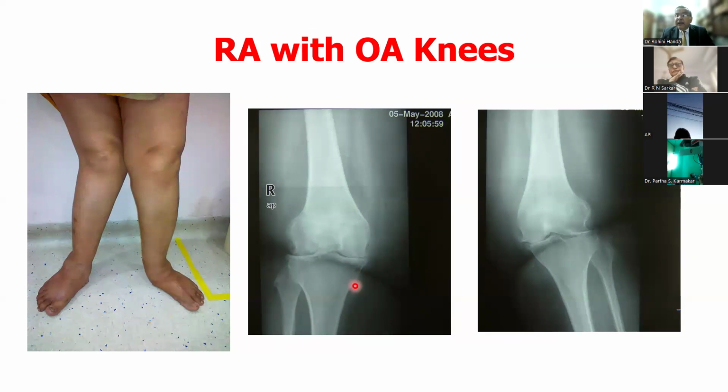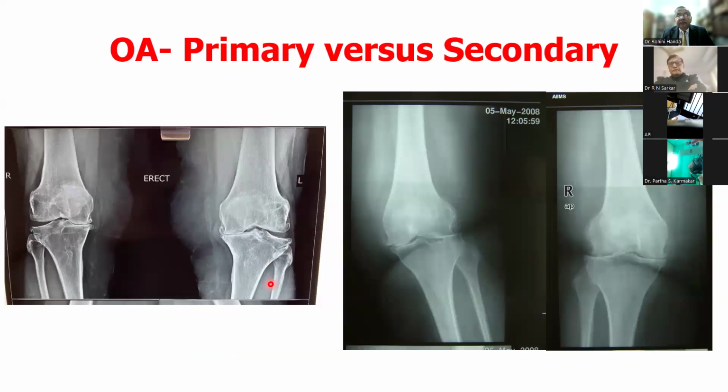Medial compartment disease, the hallmark of age-related osteoarthritis, and this is a pan-compartmental disease, and there is periarticular osteopenia rather than subchondral sclerosis, and instead of the varus, you get the valgus. So this is rheumatoid with osteoarthritis of the knees.